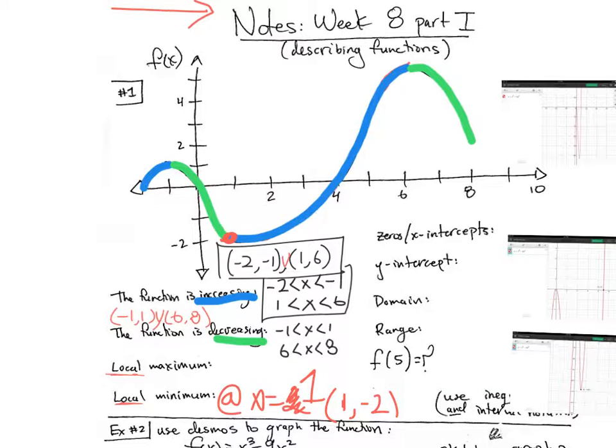For the local maxima, meaning there are 2 of them, this point is taller than the points around it. And this point is also taller, or has a greater value than the points around it. So we can say there's a local maximum at x equals -1, and also at x equals 6.